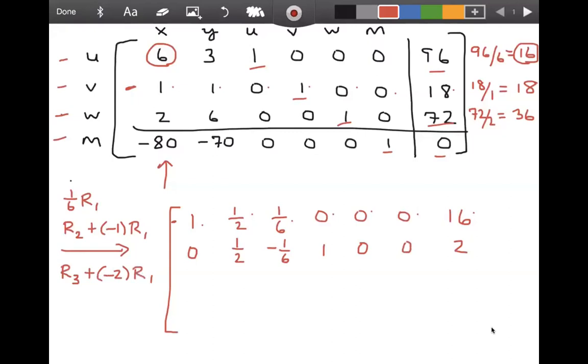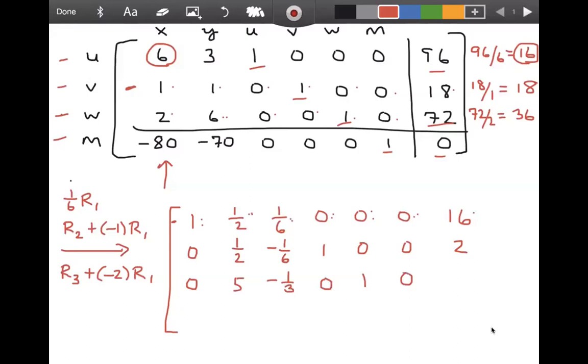So here we go. 2 plus -2 times 1 is 0. That was the whole point. 6 plus -2 times 1/2 is 6 plus -1, which is 5. 0 plus -2 times 1/6 is -1/3. 0 plus -2 times 0 is 0. 1 plus -2 times 0 is 1. 0 plus -2 times 0 is 0.